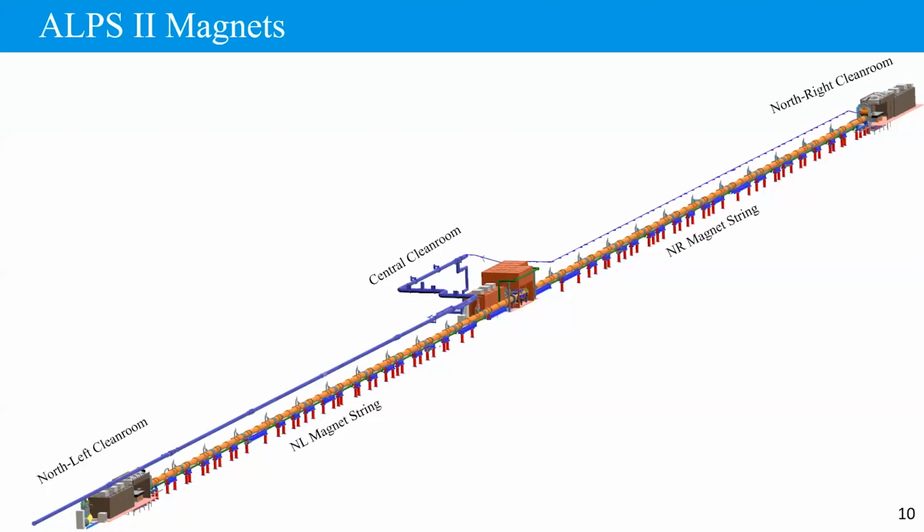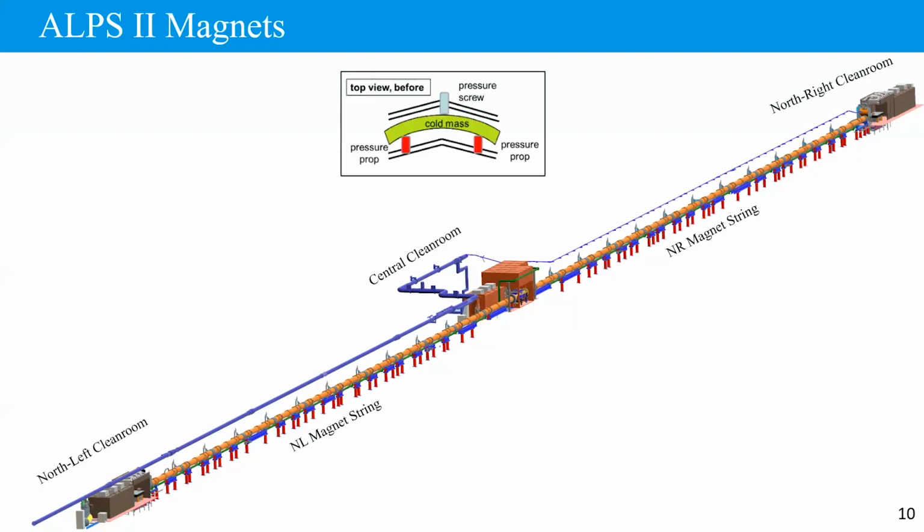Okay, just a brief look into the magnets. So here again, a 3D model of the experiment with the individual clean rooms. And as I said, we use the Hera magnets, which means that we have to straighten them.